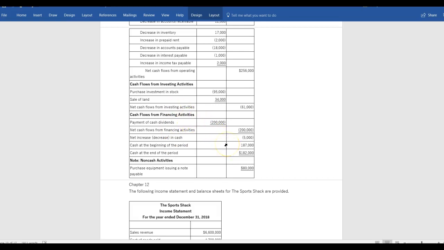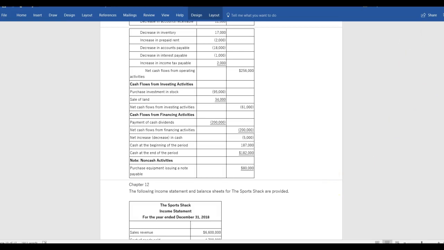If I ask you just what is the net cash flow from financing activities, you would have to know which of the items on the balance sheet relate to financing. In this scenario, remember, any activities related to stocks and loans equate to financing activities. So this would only be the payment of cash dividends that you would need to know.